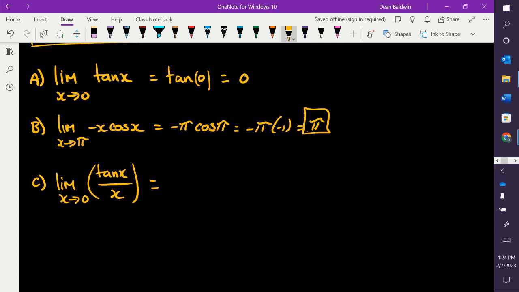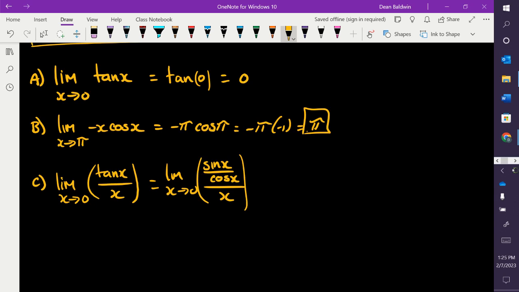We rewrite tan as sine of x over cos of x, all over x. Is everybody good with that?